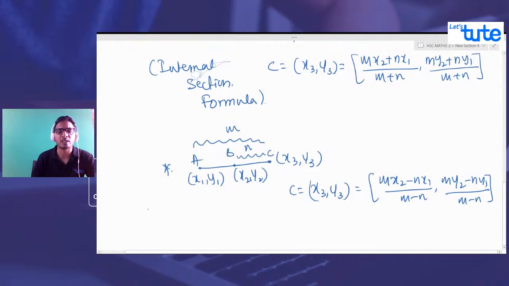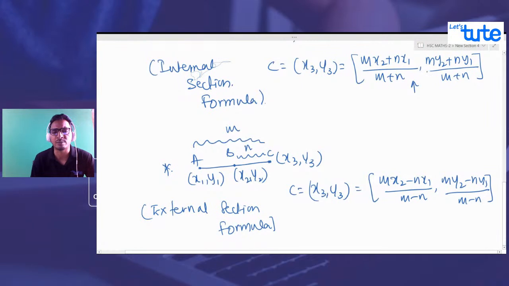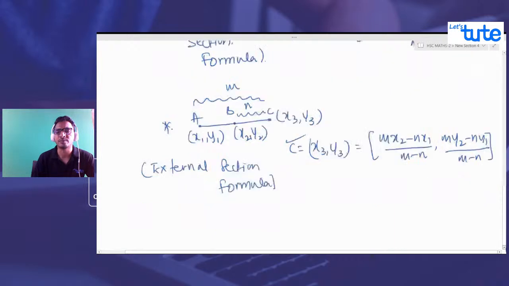Let me say external section formula. This external section formula is basically derived from the internal section formula itself, but it is just a small arrangement by which we get a negative sign. So we can directly remember even the formula given in this way. So this is internal section and this is external section, correct?